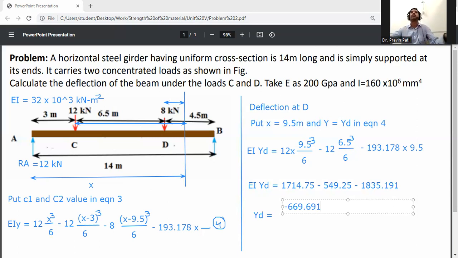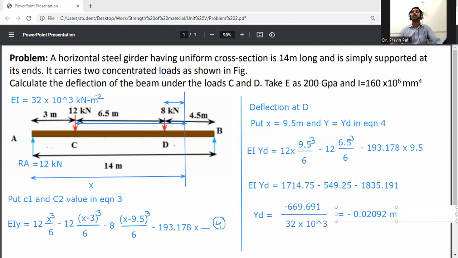It will be minus 669.691 divided by 32 into 10 raised to the power 3. So we get minus 0.02092 in meter.